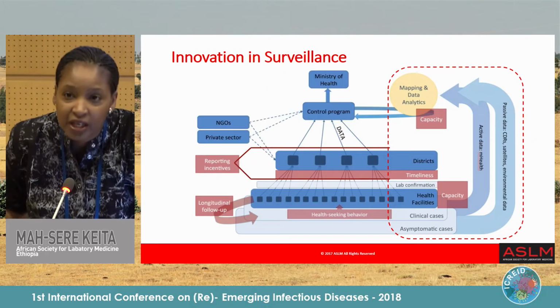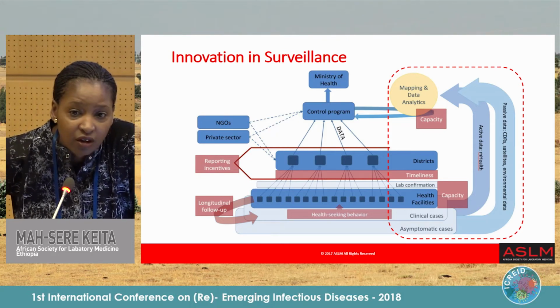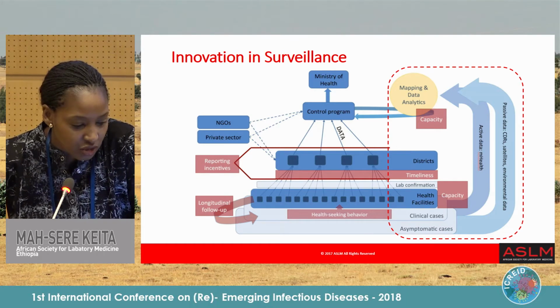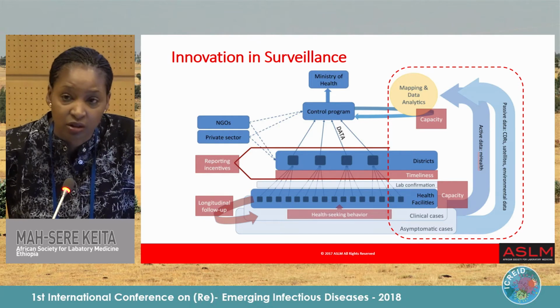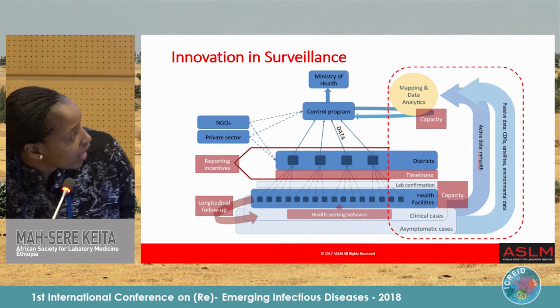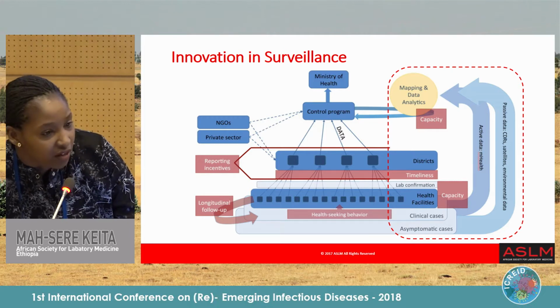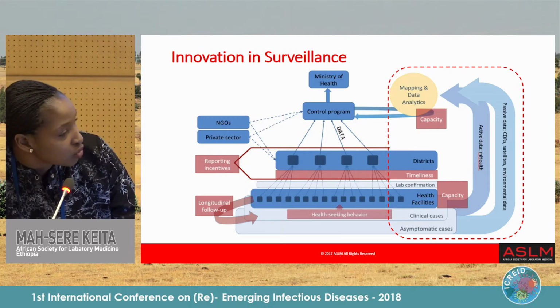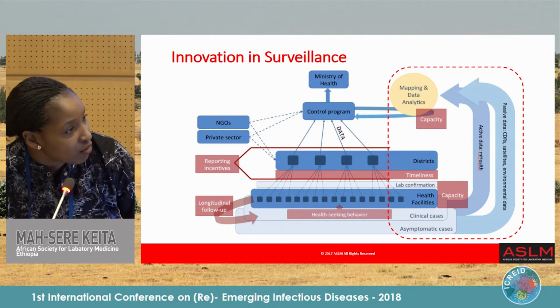Now, in surveillance, a lot of the innovation is happening when we're looking at traditional ways of conducting surveillance. I'm not sure you can very clearly see the slide, but at the bottom, usually when there are some clinical manifestations, they go over to the health facilities, and the health facilities then usually at the community, go over to the district level, inform them there.